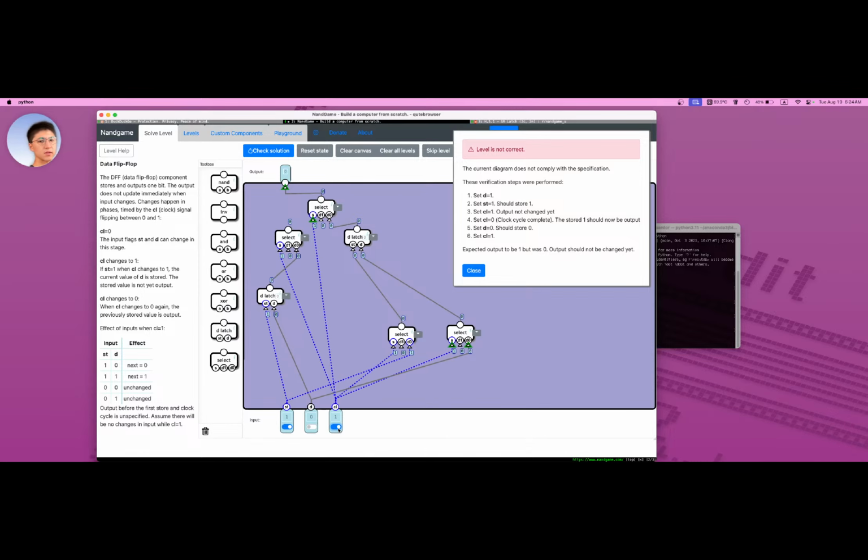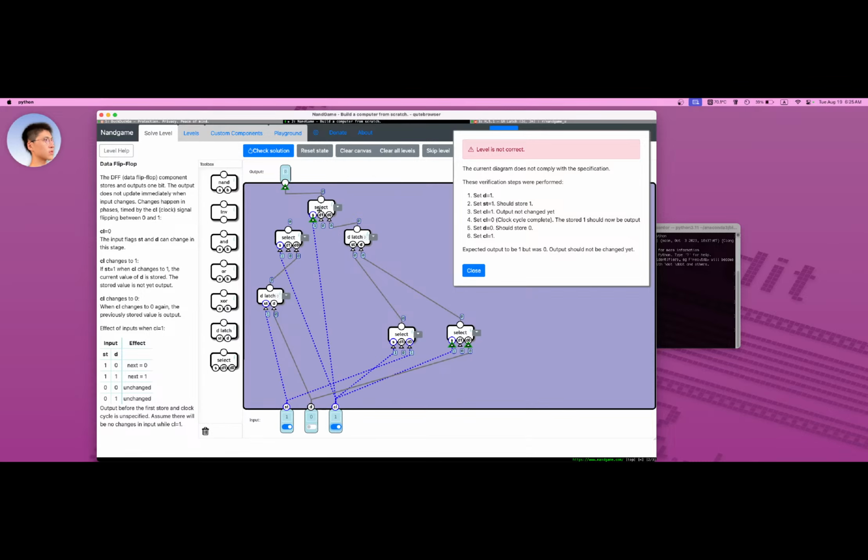No, there should be some different way to fix this. Okay, so we have select, right? Okay, I don't understand here. If I set D to 0, the output should store a 0 value. Yes, we store a 0 value. Set clock to 1. So if I set clock to 1, then what?